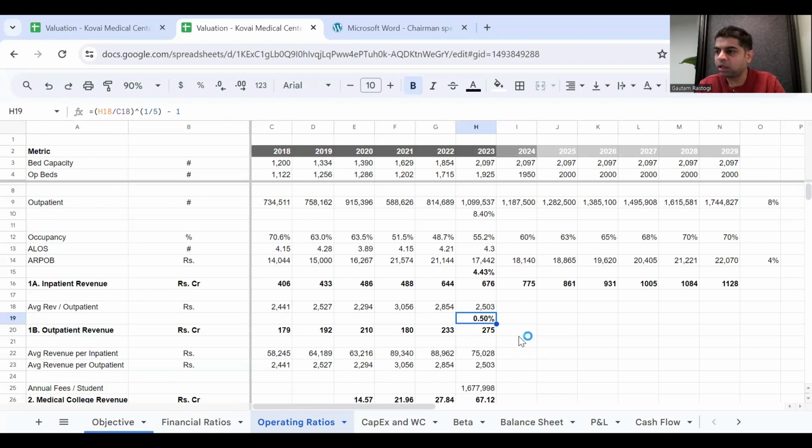I think I would assume a higher average revenue per outpatient growth rate, because the main center beds and the satellite center beds would continue to give you higher revenue. Although there'll be some offsetting by the medical college, medical college beds are a small portion of the overall, not a significant portion.